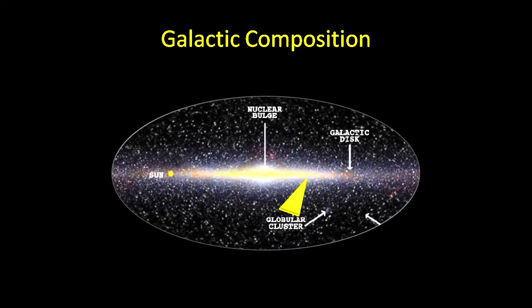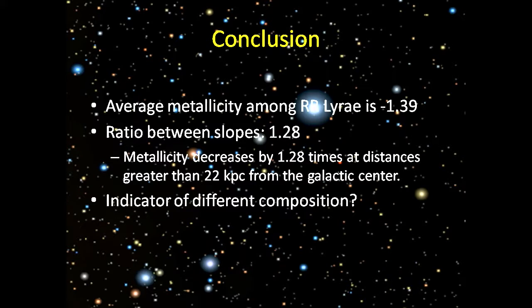So, to conclude, we have determined that the average metallicity of an RR Lyrae is negative 1.39, but this ratio difference is what really gives us insight into what the galaxy looks like at farther distances.